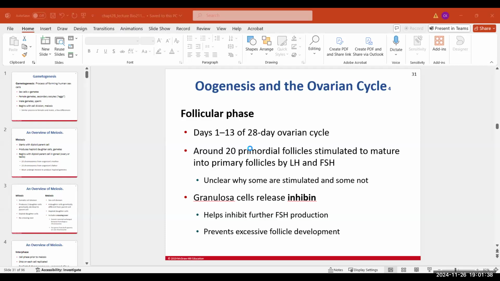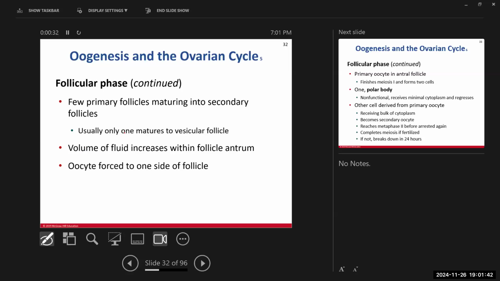It's like the Lord of the Rings, one ring to rule them all. One follicle is going to mature. And it's going to eventually produce the tertiary follicle, or the Graafian or mature follicle, or as the book refers to it, the vesicular follicle. All right, so that's it.